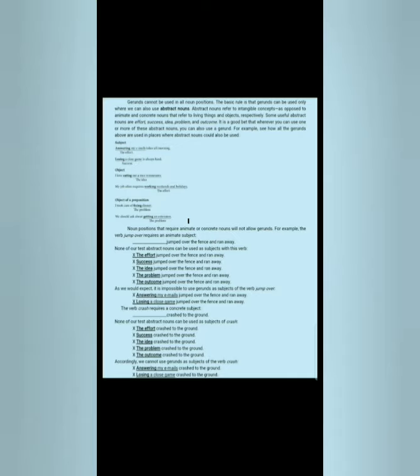Noun positions that require an animate or concrete noun will not allow gerunds. For example, the verb jump over requires an animate subject. Jumped over the fence and ran away. None of our test abstract nouns can be used as subject with this verb.